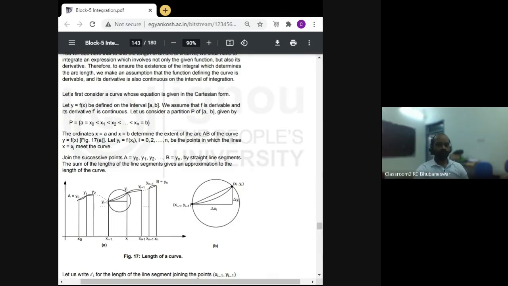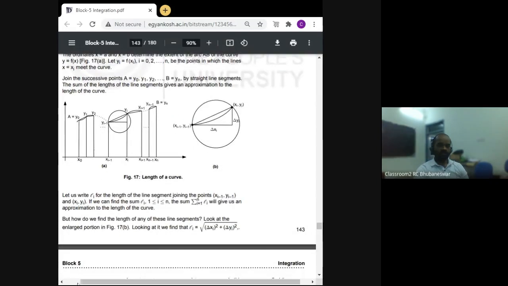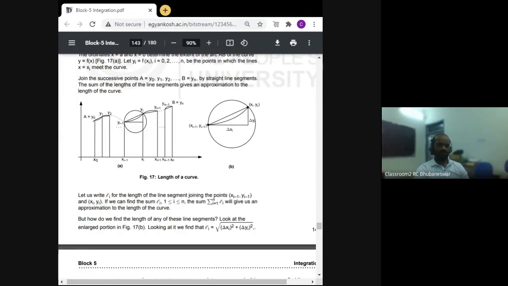And we have taken a partition in the form of an ordered set x0, x1, x2, up to xn. After taking this kind of partition, look at the corresponding figure, figure number 17, that represents the length of the curve represented by the function y equal to f of x.